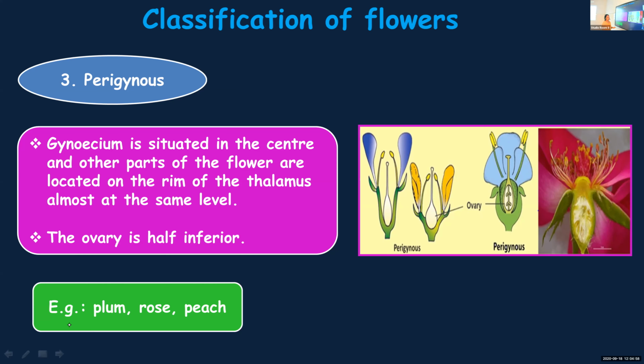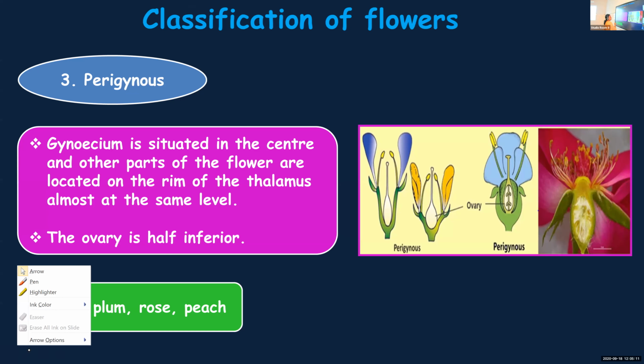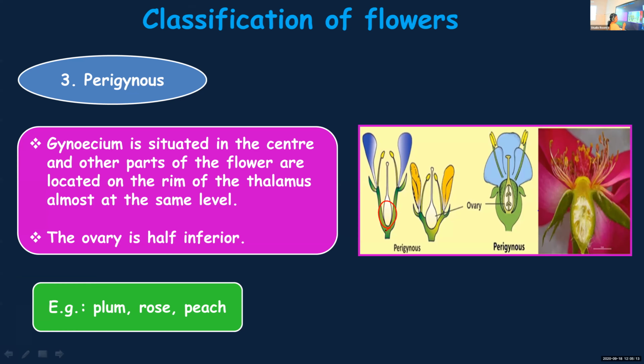In perigynous flowers, the ovary is half inferior. Here the gynoecium is occupying the center position and the remaining 3 whorls are arranged on the rim of the thalamus, all at the same level.